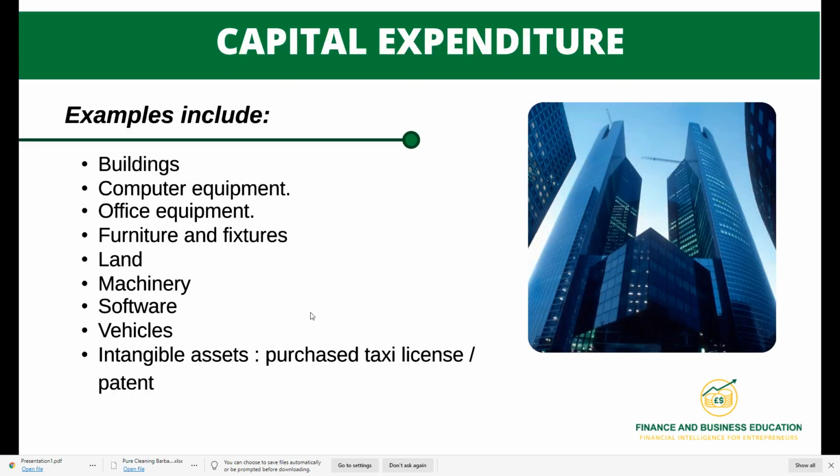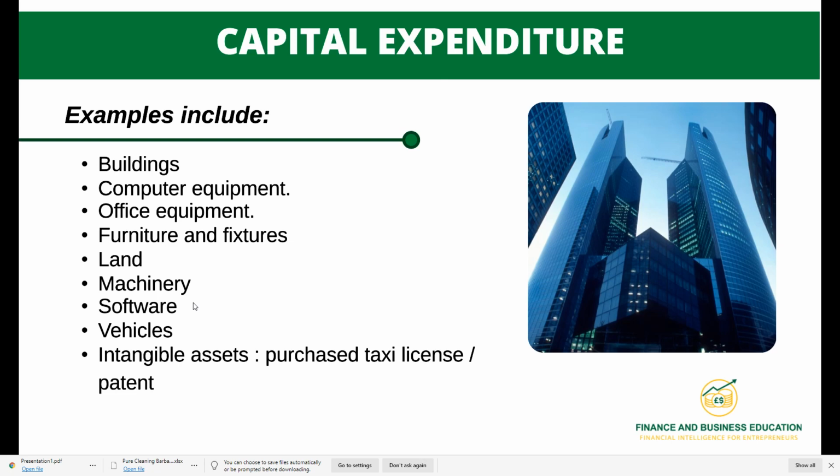Typical capital expenditures are buildings, computers, office furniture, land, machinery, software, and vehicles. You can also have intangible assets, like patents, that go on your balance sheet and that you may have to pay for to acquire.